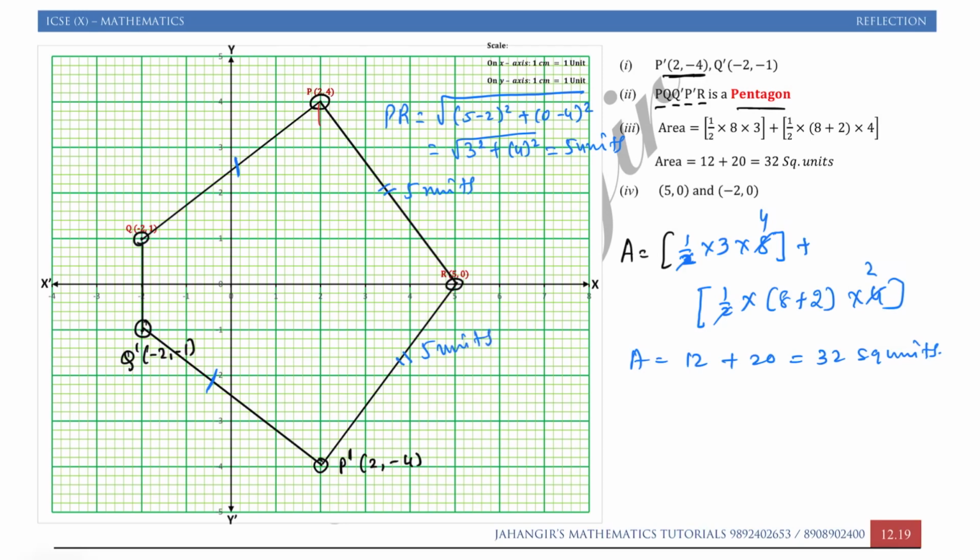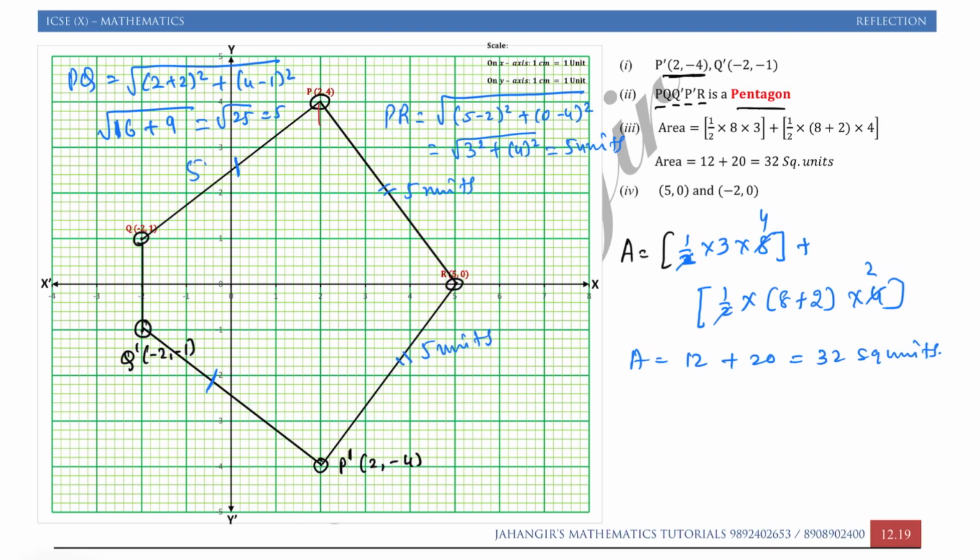Now we will find the distance PQ. For PQ, again the root of x2 minus x1, 2 minus of minus 2, so plus 2 whole square, plus 4 minus 1 whole square. So root of 4 square 16 plus 3 square 9, root of 25, that is 5.